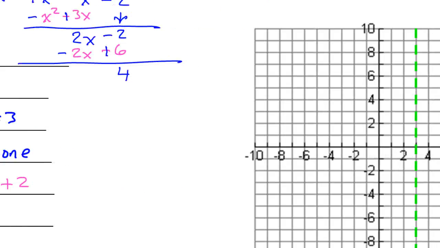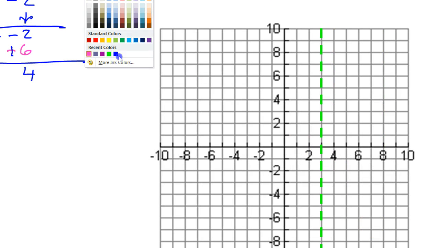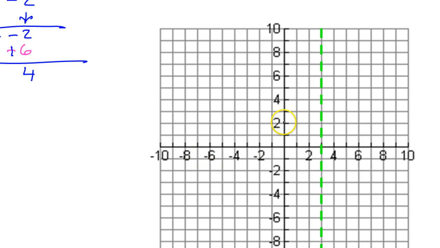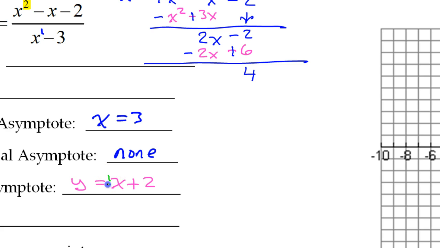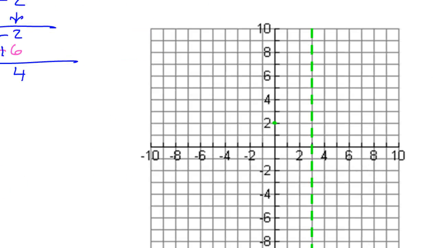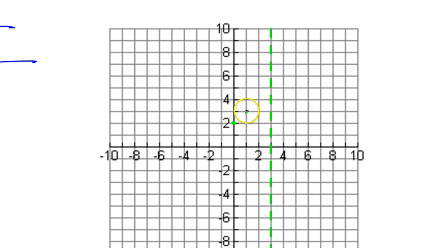So to draw that slant asymptote, you start off at the y-intercept of 2, and then you do your slope, that's up 1 over 1, like this. And you continue the pattern in the other direction, down 1, left 1, all the way to the edge of the graph. So there is your slant asymptote.